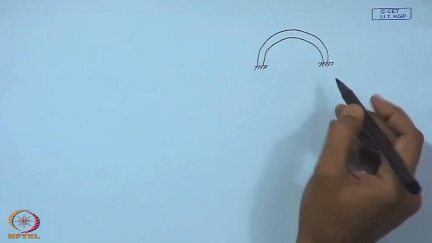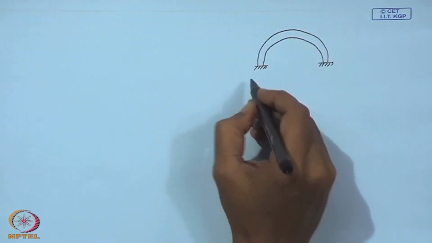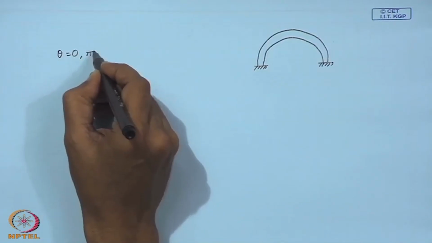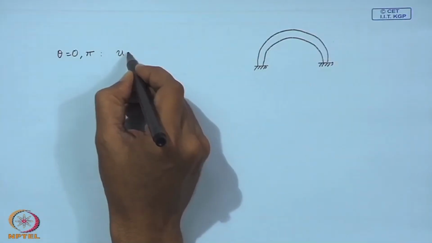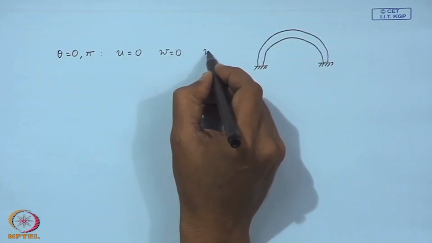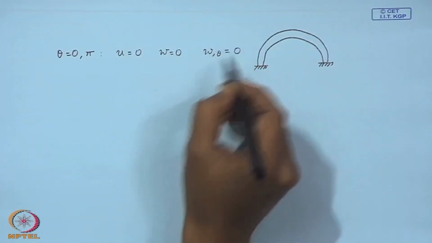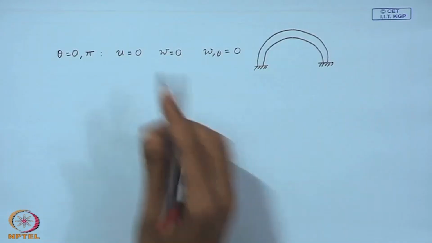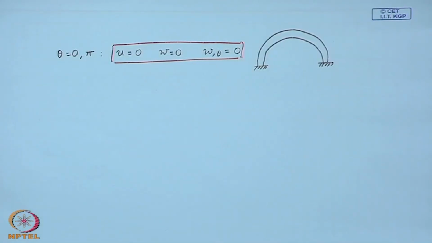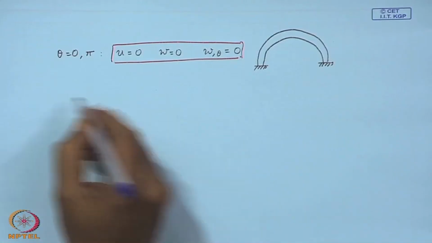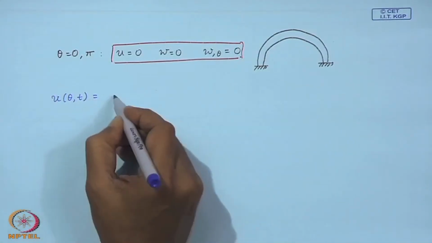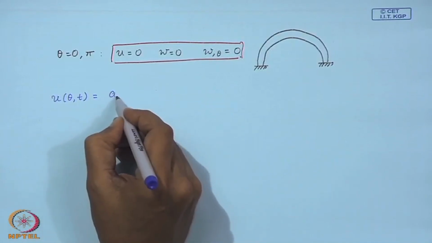So, this is a clamped arch. Here the boundary conditions at zero and pi happen to be like this. Now, here all the boundary conditions are geometric boundary conditions. So, in view of this, we have this expansion.